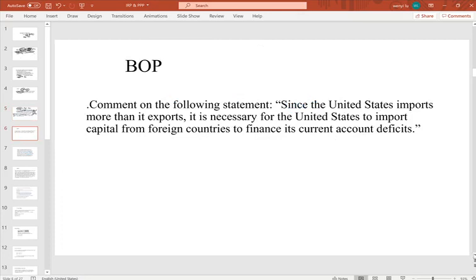The next one: since the US imports more than it exports, it will be necessary for the US to import capital from a foreign country to finance its current account deficit. Is this true or not?